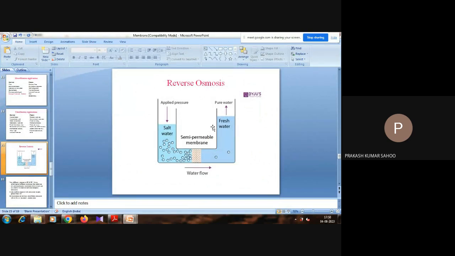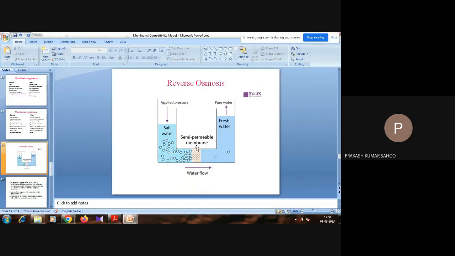What happens in this process? We have a membrane here. This membrane is a semi-permeable membrane, SPM. This semi-permeable membrane allows the solvent particles to flow through it, the solvent particles pass through it, and the rest is left behind or separated.